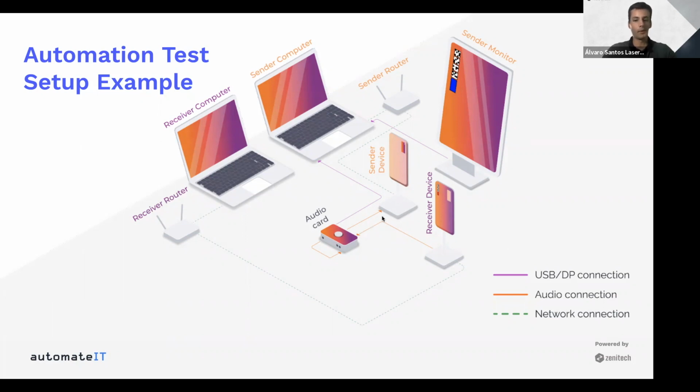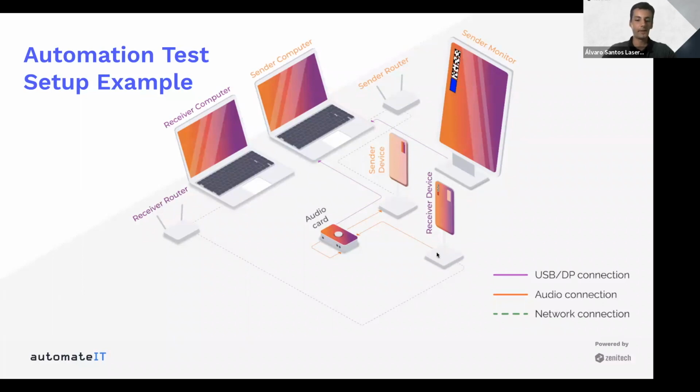Then we also have both devices connected to an audio card, which is directly connected to the sender computer. This sender computer will feed the audio to the sender device. So there will be a human voice going to the sender device, saying some words, as I'm doing right now.